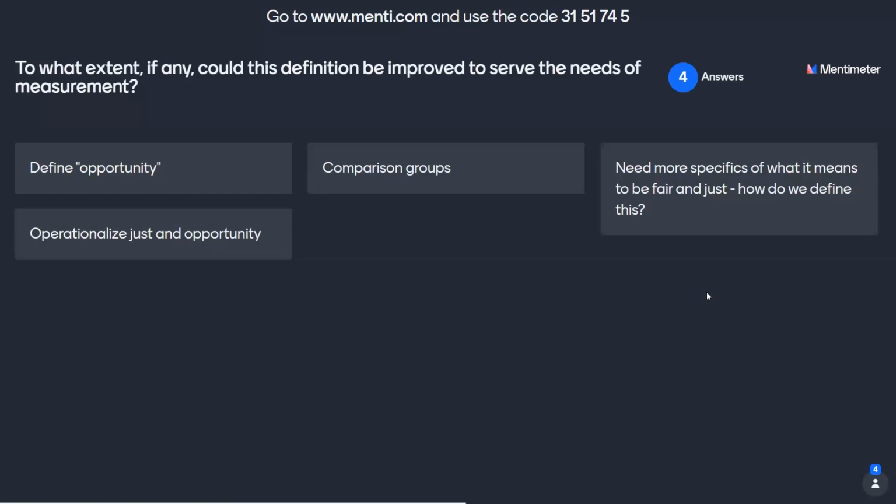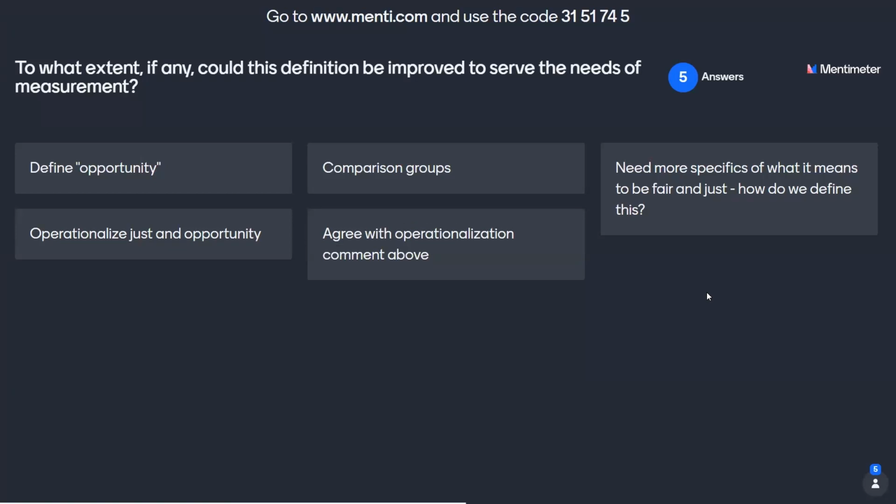Is it just opportunity in participating in the market? Is it opportunity to be a fully participating member socially? You could have access to the labor market but then be ostracized in other ways. What are the comparison groups? This is another interesting question.